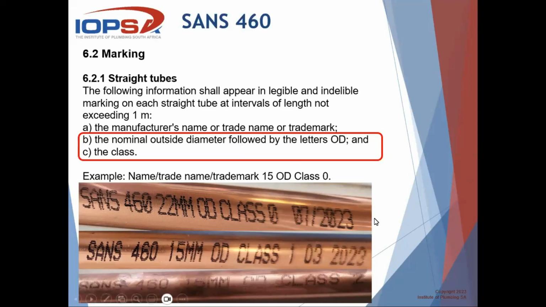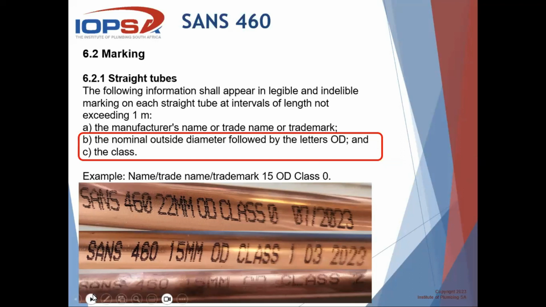So you'll see our first little picture here is a 22 mil OD class 0. Then we've got 15 mil OD class 1 and then class 2. So these are the classes of the pipe that we are referring to, and you need to understand what you can apply in certain conditions.